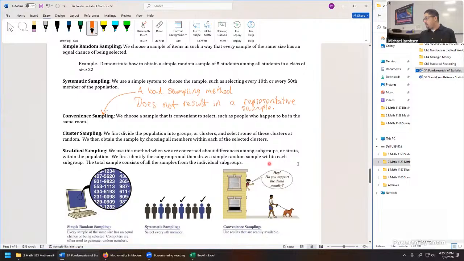And the textbook's little graphic here is kind of hilarious in a way. Just a person who is selecting people who are convenient to ask the survey question. This poor person is just walking a dog and it's being asked if they support the death penalty out of nowhere. So it's kind of humorous. And so is the method.